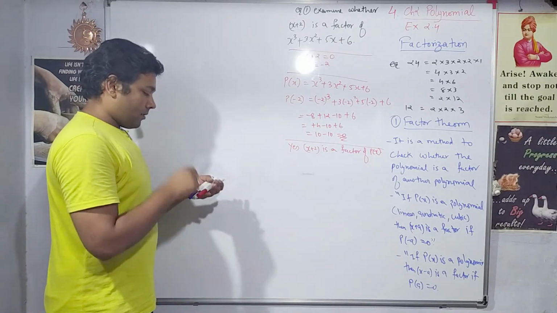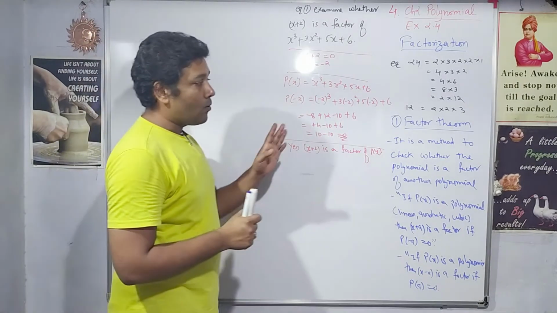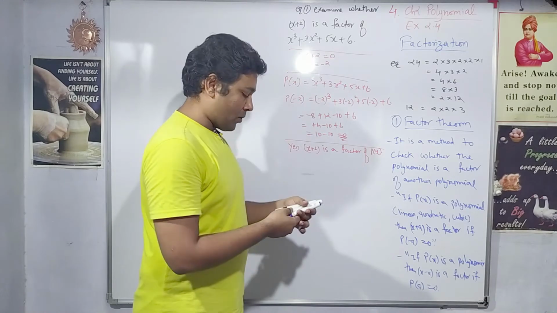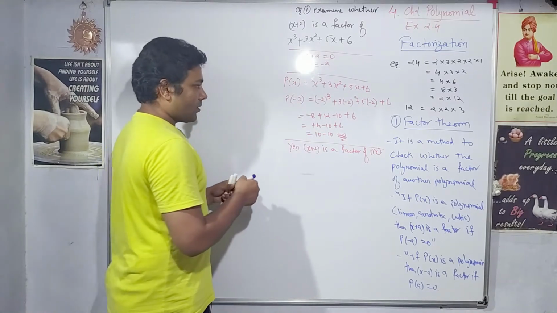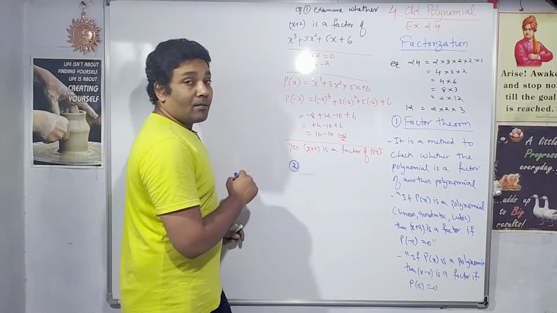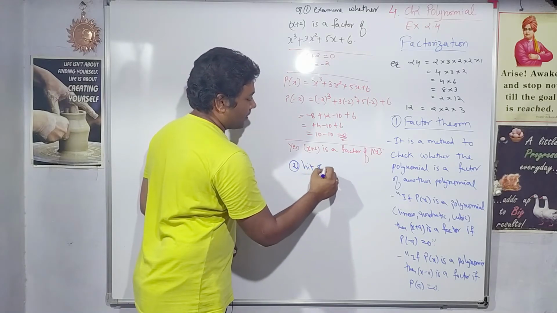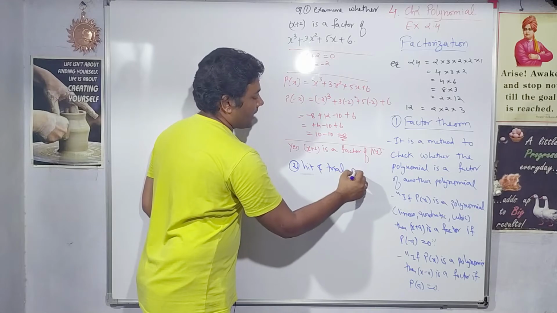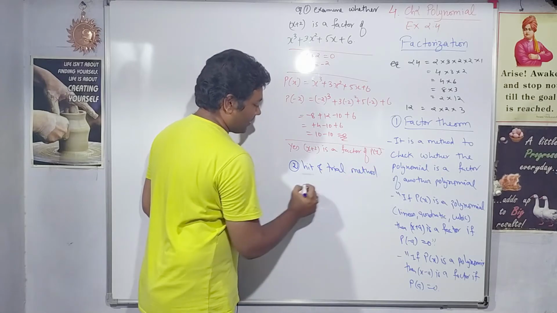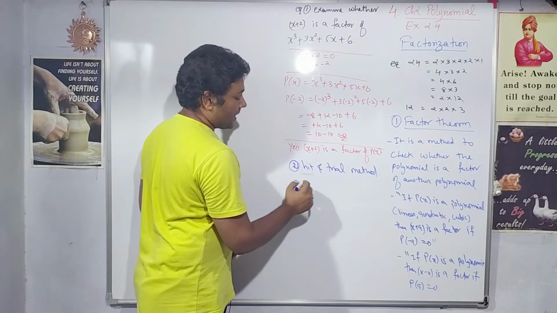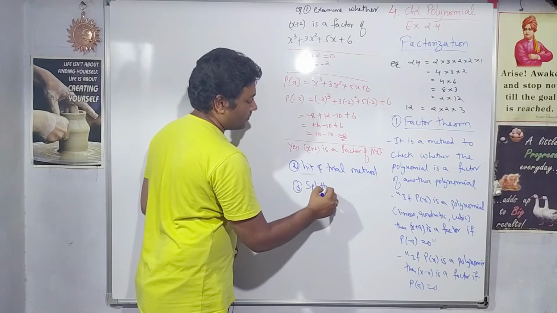Then to find out the factors of a polynomial, how do we actually find them? The second method we have is called the hit and trial method. And the third method we have is called the splitting method.